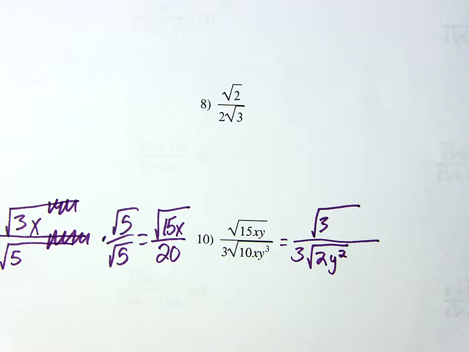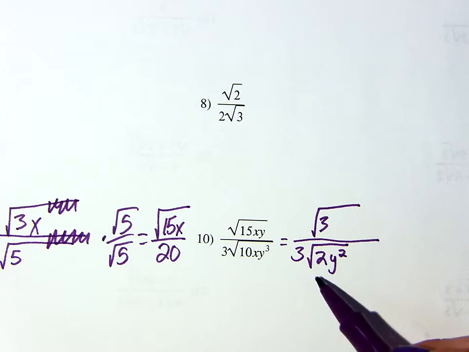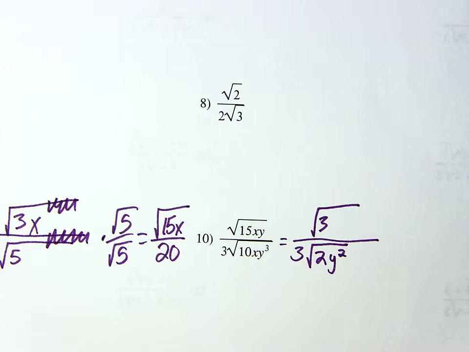Okay? Now, you could multiply by 2y squared over 2y squared, but there's something I can do that's going to make my life even easier right now. Yeah, can't I take the square root of y squared? Yes. What is it? Y. Just y.